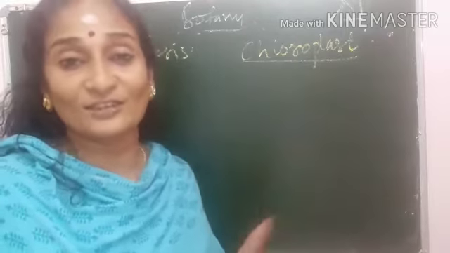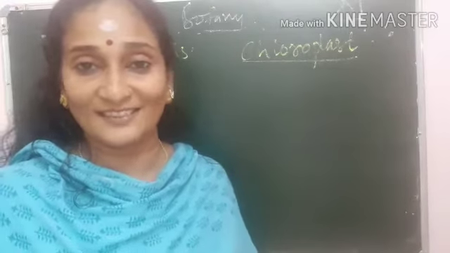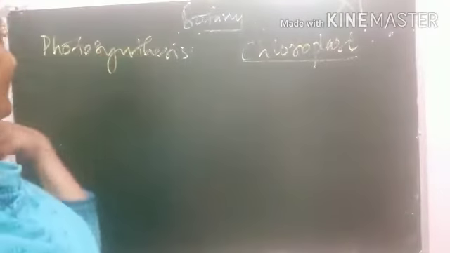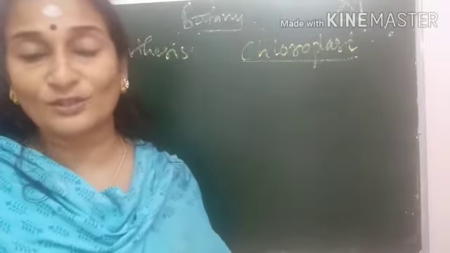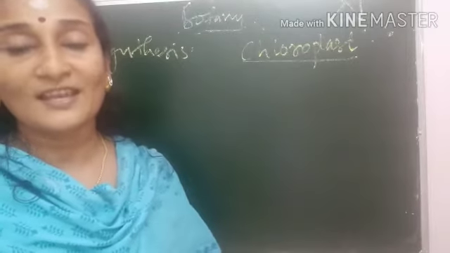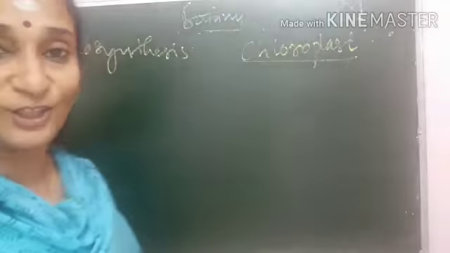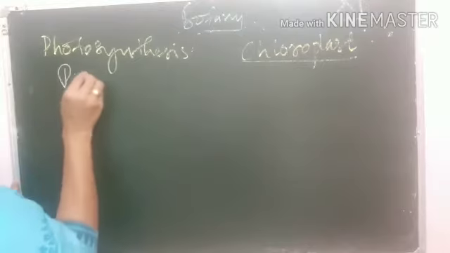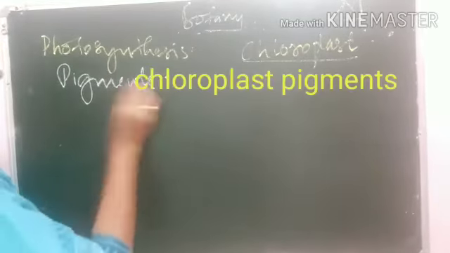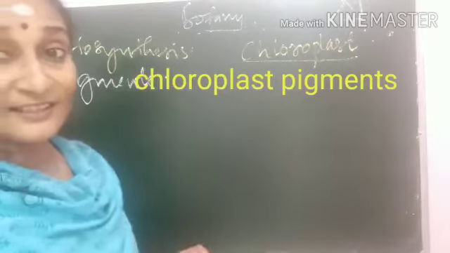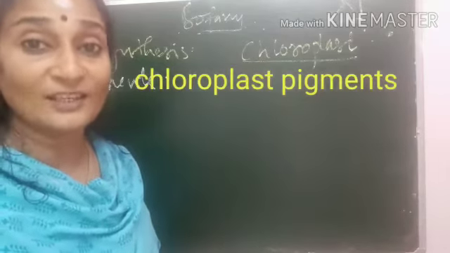We have learned the structure of chloroplast in lower classes. So I told you that special types of molecules are present in chloroplast, and those molecules are called pigments. These pigments are located in grana.